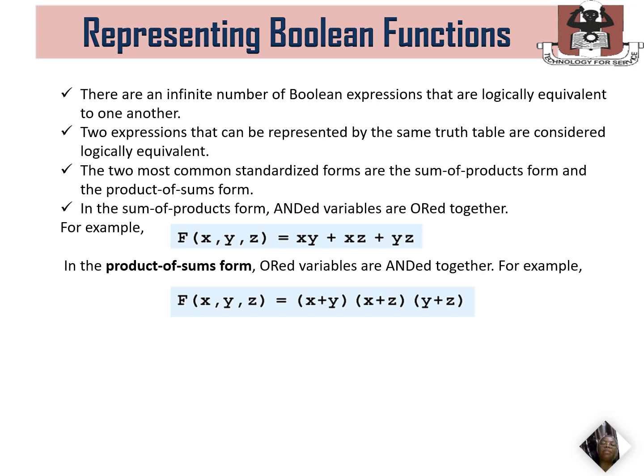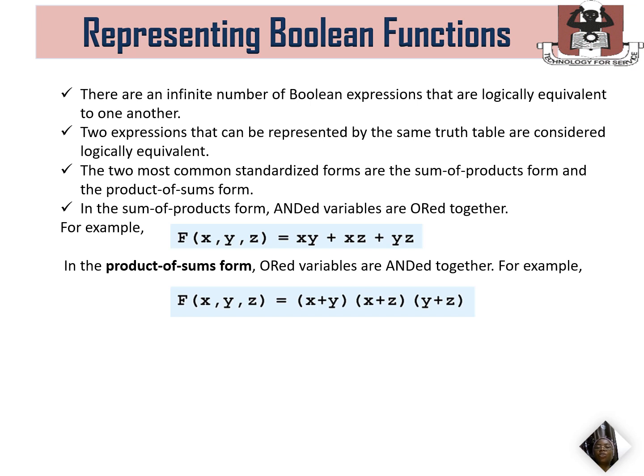In representing Boolean functions, there are an infinite number of Boolean expressions that are logically equivalent to one another. So two expressions can be represented by the same truth table, as we have seen in the last slide.